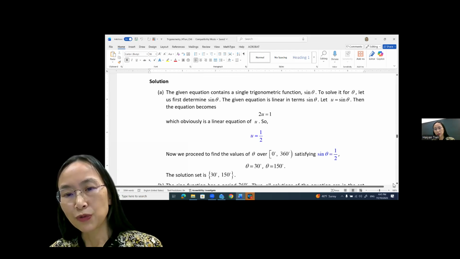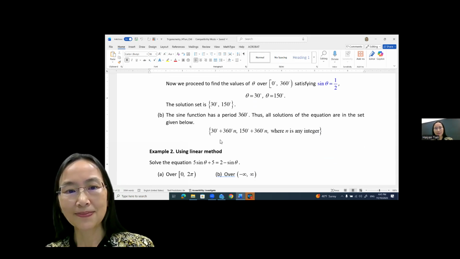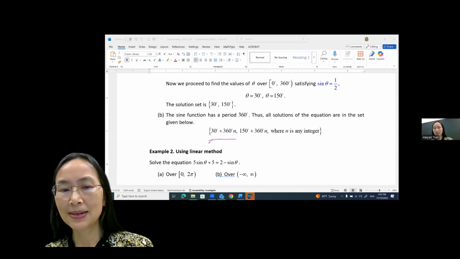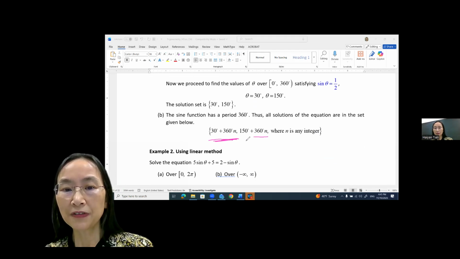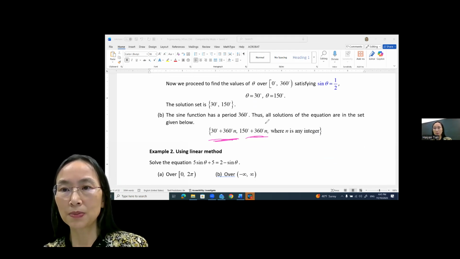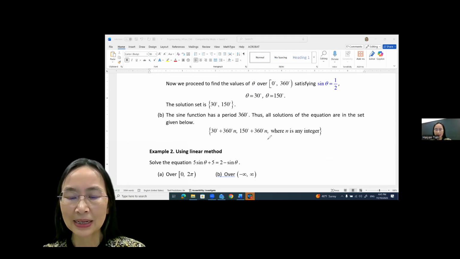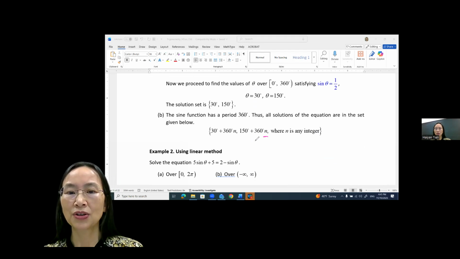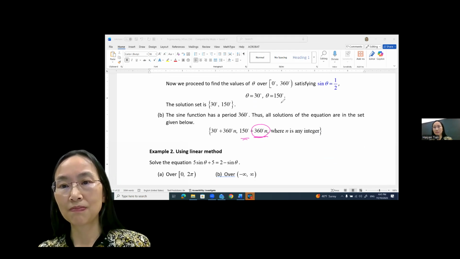And then without that restriction, we have found infinitely many solutions. 30 plus any integer multiple of 360 degrees will again be a solution, and 150 plus any integer multiple of 360 degrees. Any integer multiple of 360 degrees can be added, because we know the sine value is periodic.